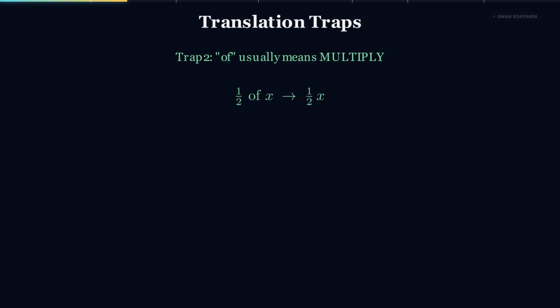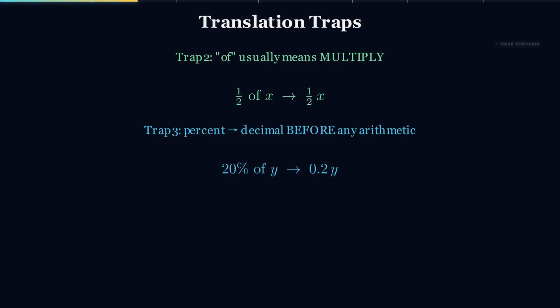Half of x is 1/2 times x. 20% of y is 0.2 times y. The phrase the average of a and b is the sum of a and b divided by 2, which uses of in a different sense. Read the surrounding context carefully to decide what kind of multiplication is being signaled.